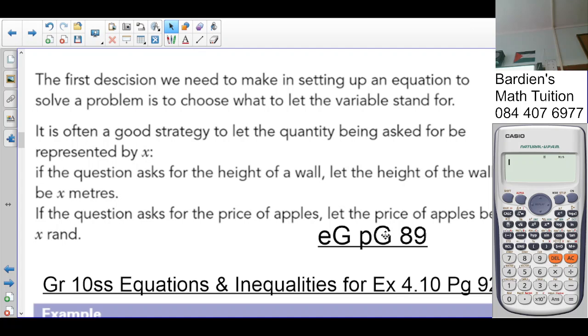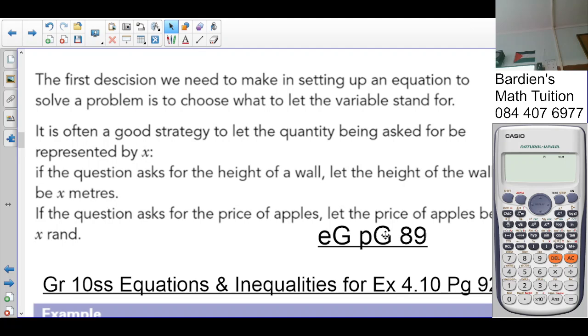Why? Because if the smaller value is x, then we will be adding. If the bigger value is x, we will start subtracting. And adding is easier than subtracting. Not so? Also, by making the smaller value x, we will be multiplying. If we made the bigger number x, there is a division in the sum. We're going to divide and work with fractions and all those things.